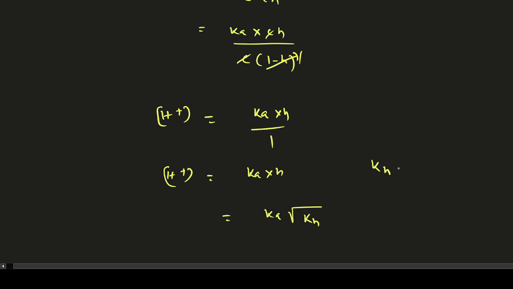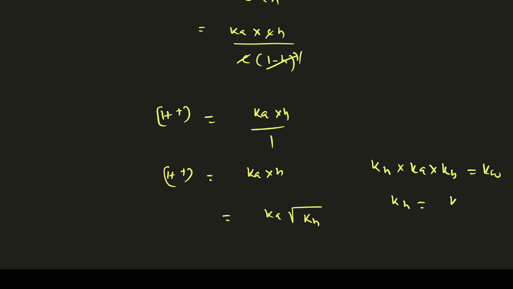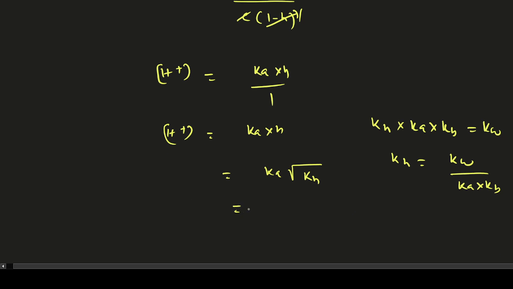And Kh into Ka into Kb equal to Kw, so Kh equal to Kw by Ka into Kb. Just put the value: Ka root over of Kw by Ka into Kb.